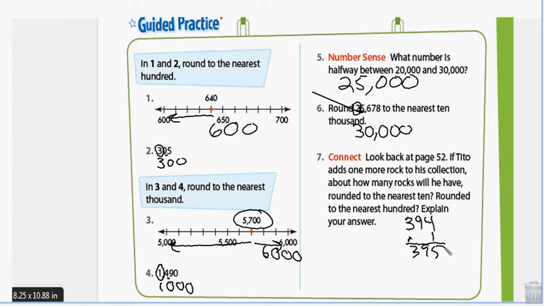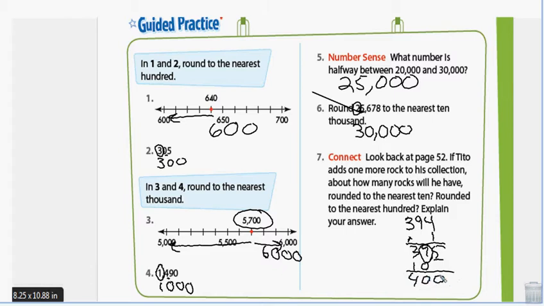For rounding to the tens position, we circle the tens position. We underline the place value that tells us what to do, and the 5 is telling the 9 to go up. So the 5 turns it into a 10, and we can't have a 10 in the tens position, so we're going to go ahead and add that. So that would be 400.